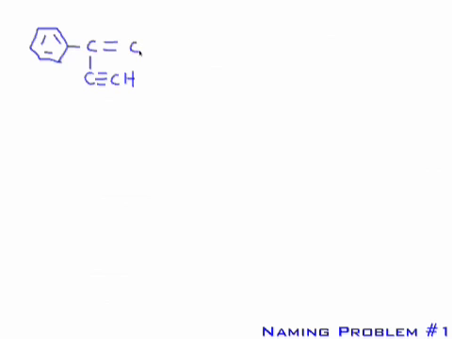We then had a C with a CH2F. Okay. And then we had a C double bond O. And that was attached to O, which had an alkyl off of it.